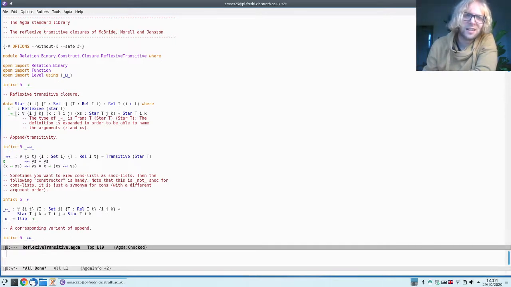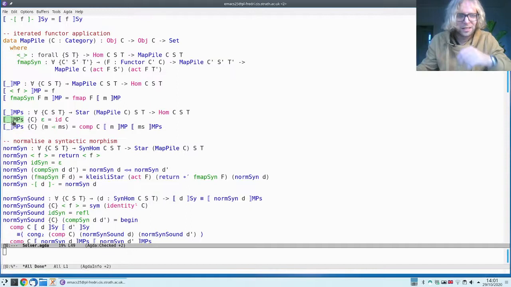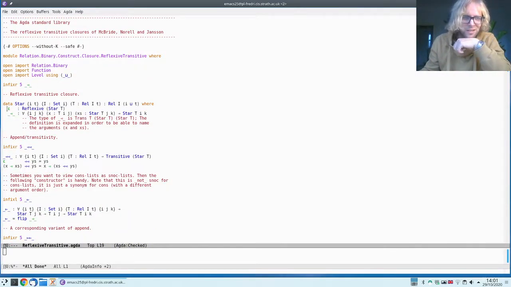So in this case, it's a reflexive transitive closure of our syntactic map pile relation, right? So the point here is that it's reflexive transitive, so you could either have none of these, then you have the empty thing, that's the reflexive bit, or you can have one of these followed by more of them, so that's the transitive thing, right?